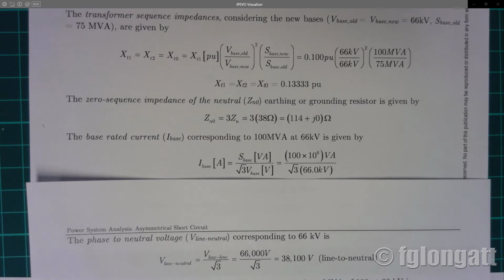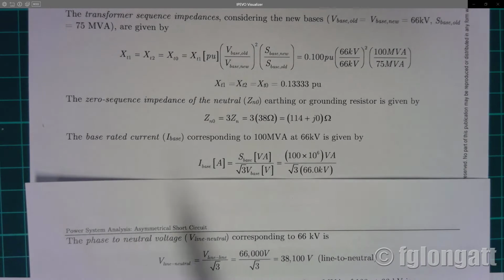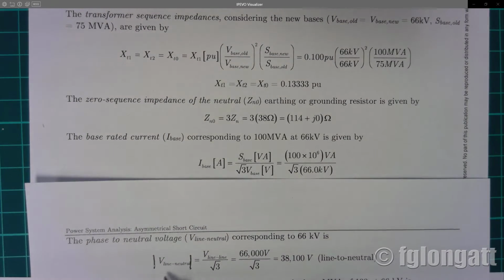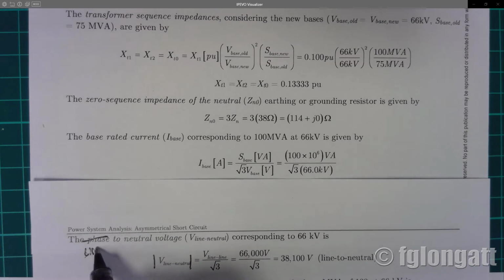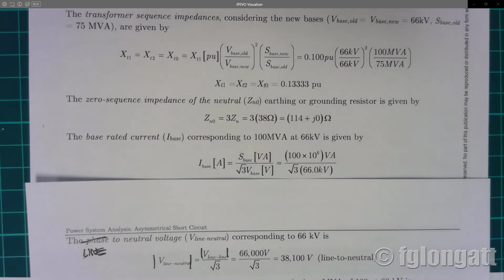This three-phase property says that the line to neutral voltage is equal to the line-to-line voltage divided by square root 3, okay? Remember, this is the magnitude: the line to neutral voltage is equal to the magnitude of the line to line divided by square root 3. What I'm trying to tell you is this is the magnitude.